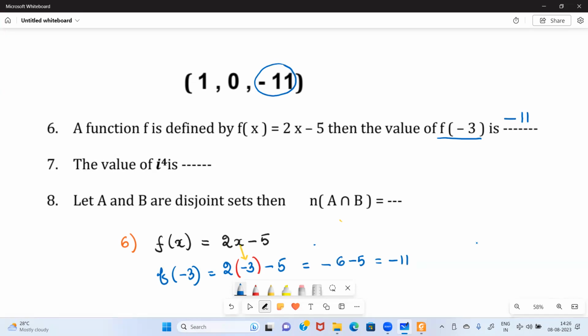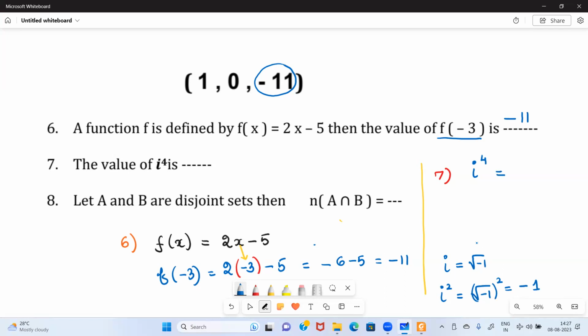Clear, students? Now let's look at the second question in filling the blanks, which is question number 7. We have to find the value of i to the power 4. We already know that i represents the complex number, which is root of minus 1. So what will be i square, students? It will be root of minus 1 the whole square, which will become minus 1.